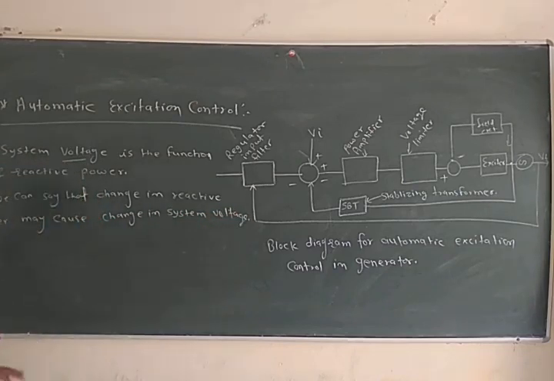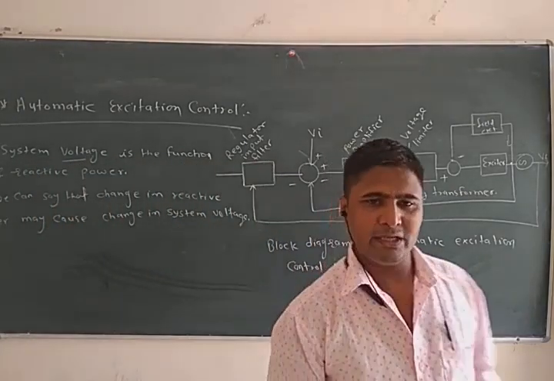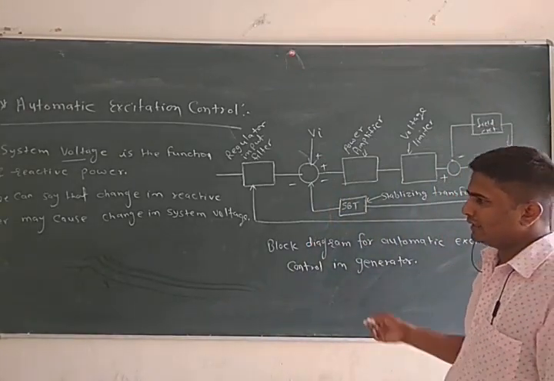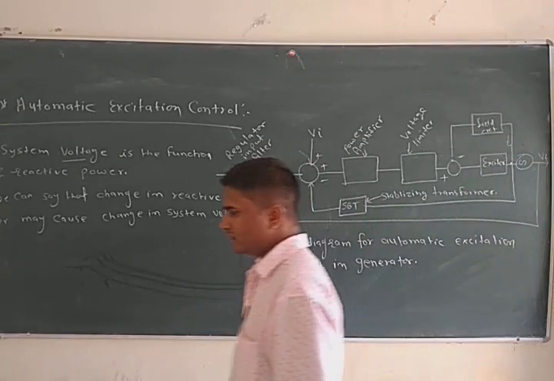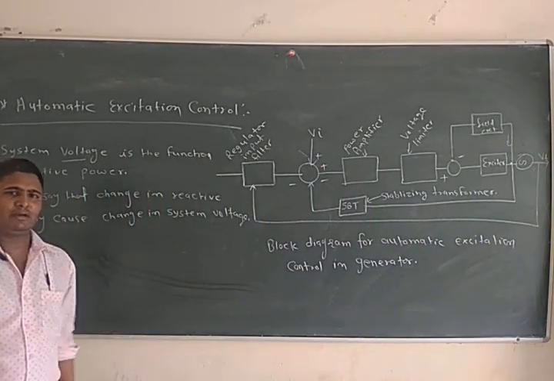If reactive power in our system is more than requirement, then system voltage will increase, and if reactive power in our system is less than requirement or less than demand, then system voltage will decrease.